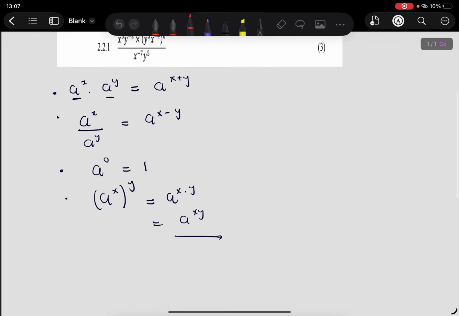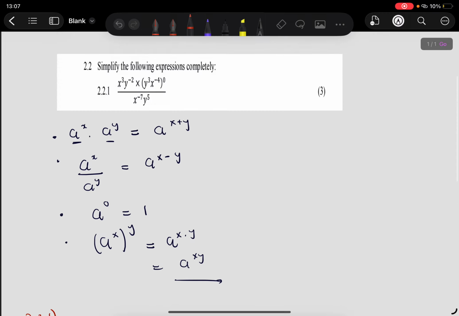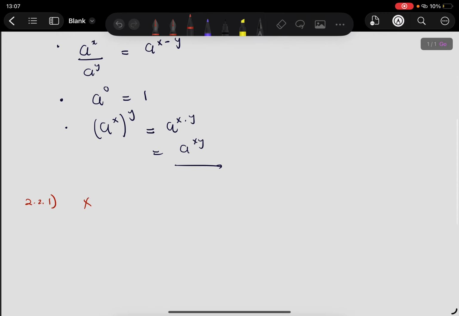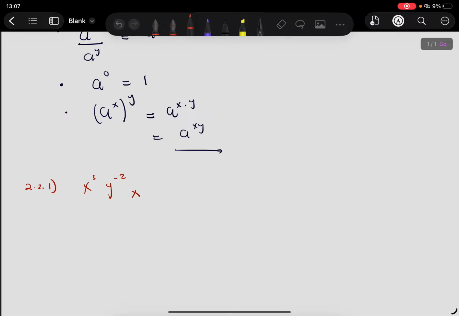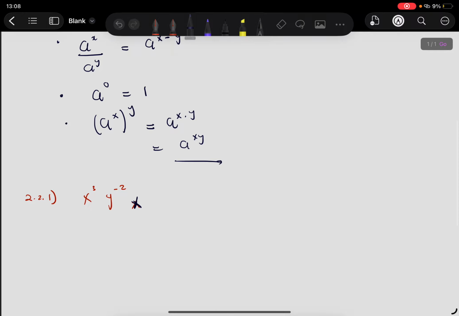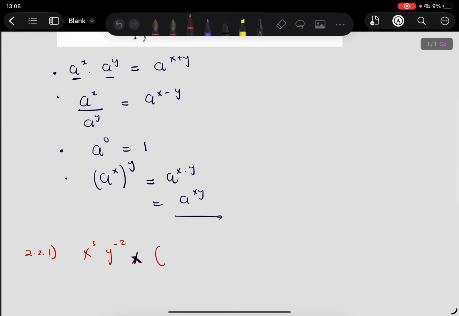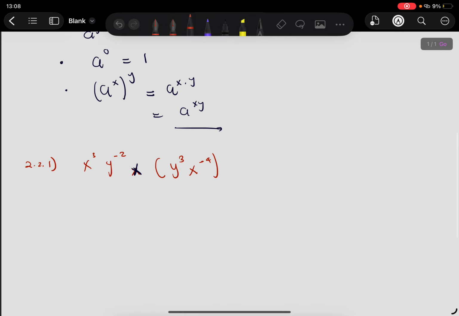Okay. So 2.2.1 says we have x to the power of 3, y to the power of minus 2, multiplied by, so this is multiplied, it's not an x, let me just use a different color so that we know this is just the multiply by, in brackets, y to the power of 3 and x to the power negative 4, all raised to the power of 0.